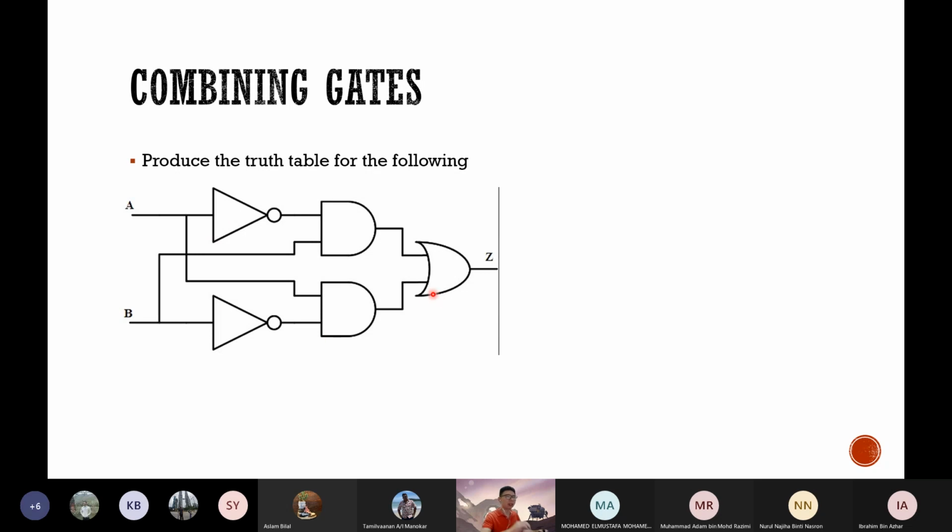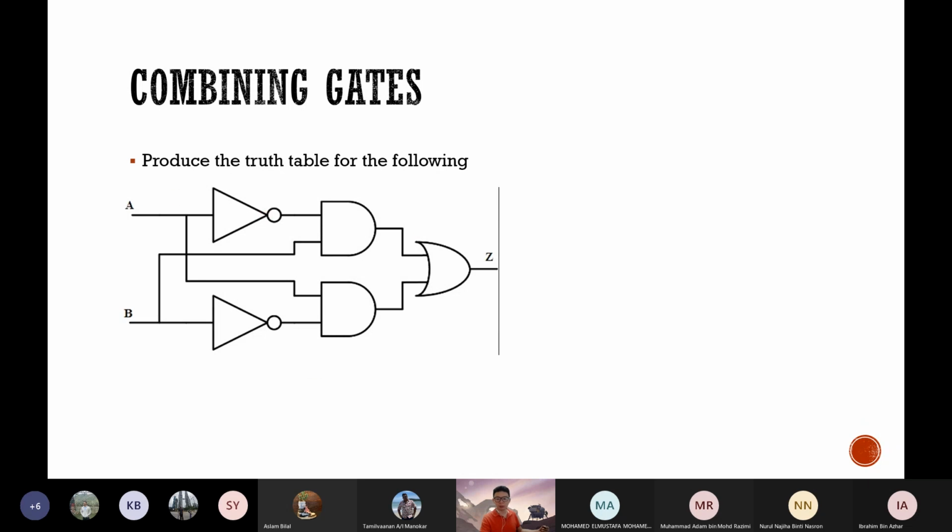In a real-world system, you might be dealing with thousands and thousands of gates, but the principle is still the same. You can still use a timing diagram, a Boolean expression, and a truth table to describe the workings of the system.